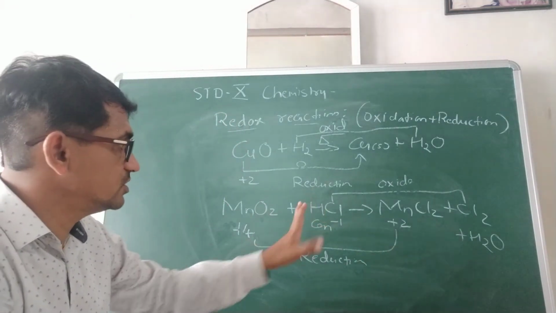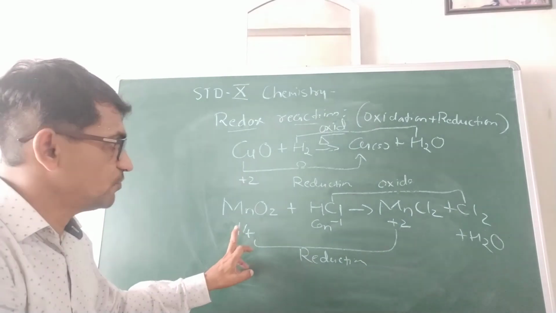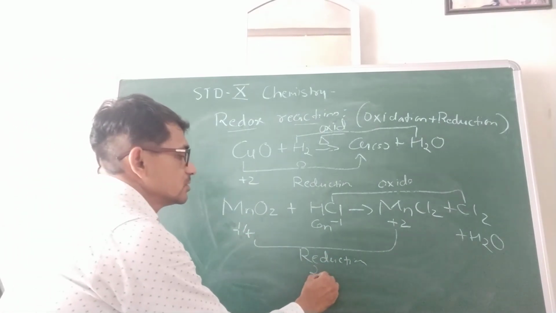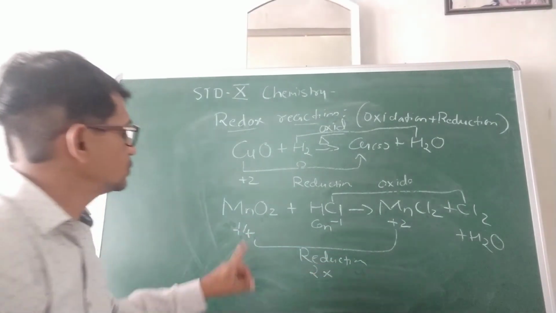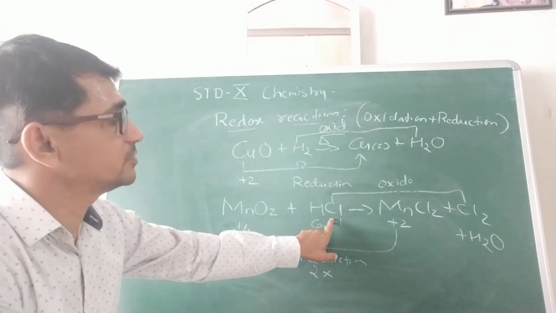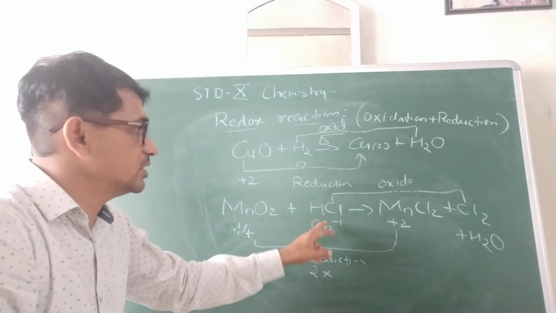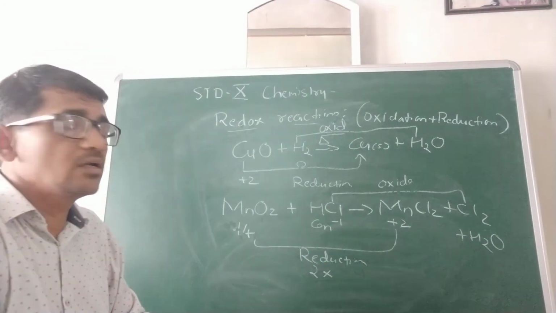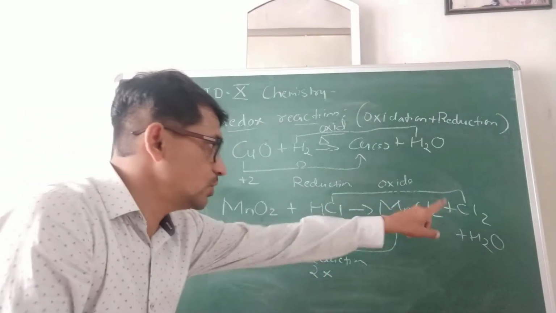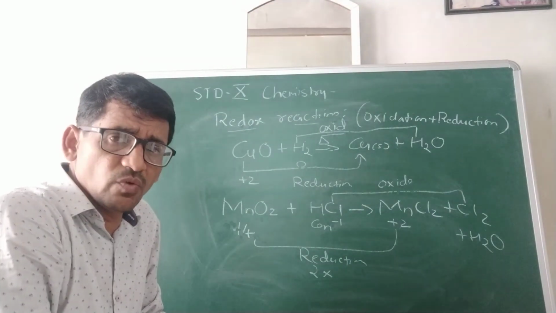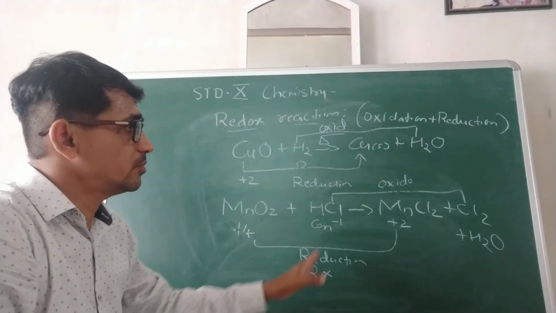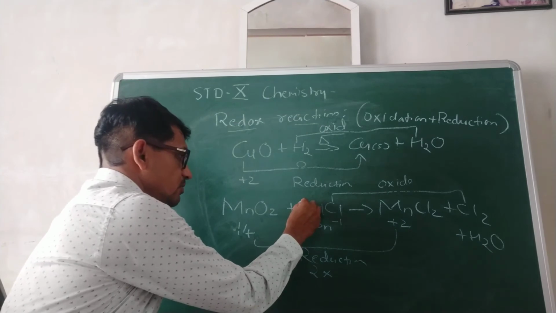We try to balance this reaction. Here Mn goes from +4 to +2, which means 2 electrons are gained. In chlorine, it is converted from -1 to 0, so 1 electron is lost per chlorine. Here 2 electrons take place, so this equation you have to multiply with 2.